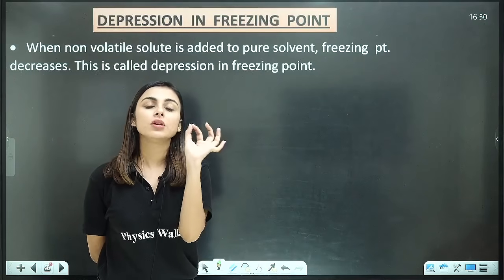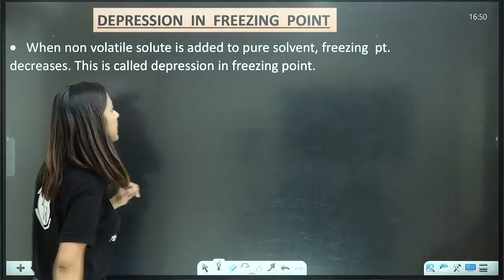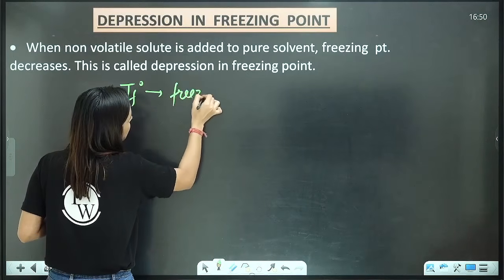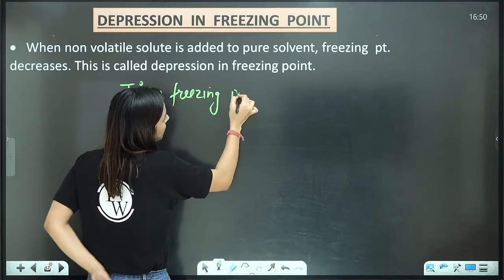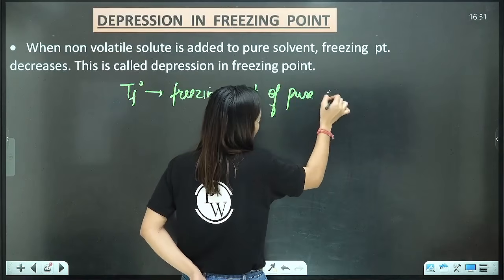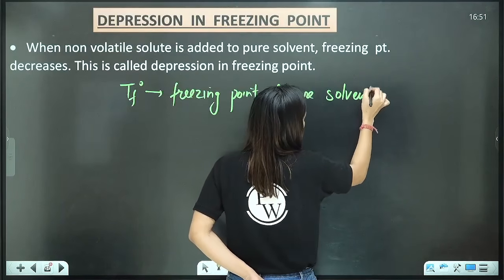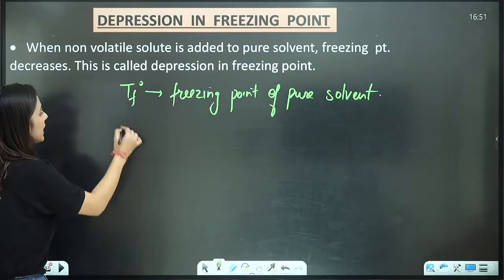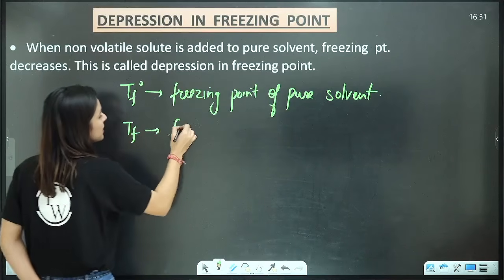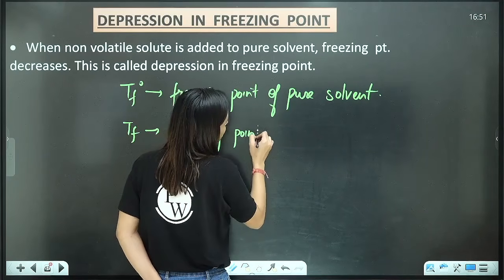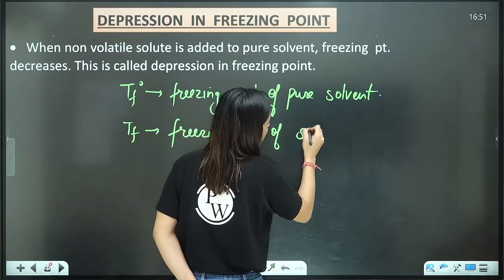If you talk about depression in freezing point, let us say that Tf° is the freezing point of pure solvent. And let us say Tf is the freezing point of solution.